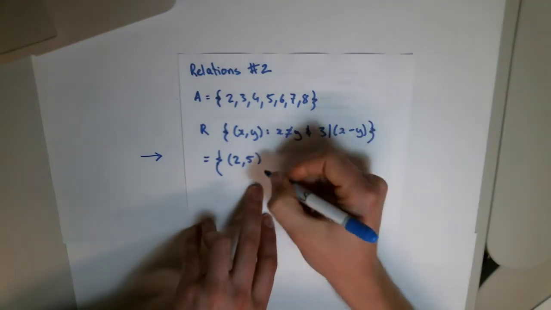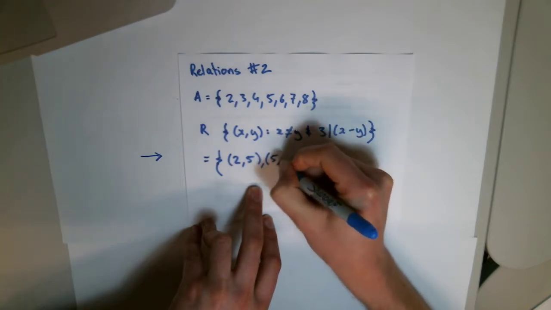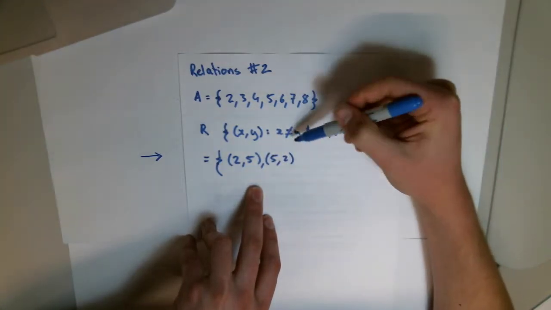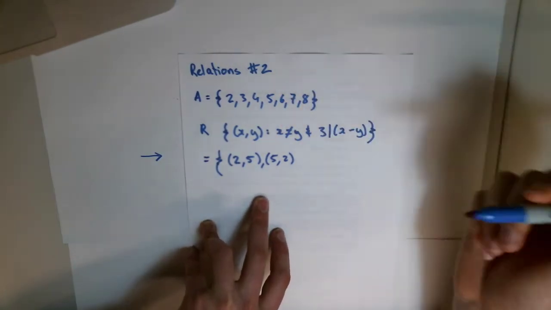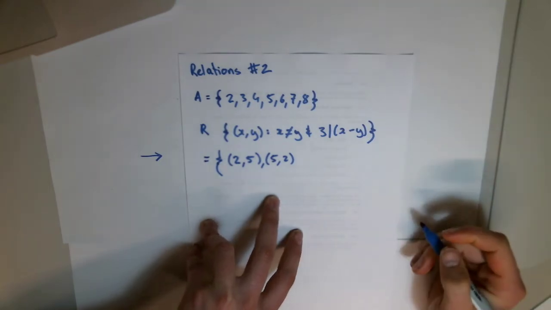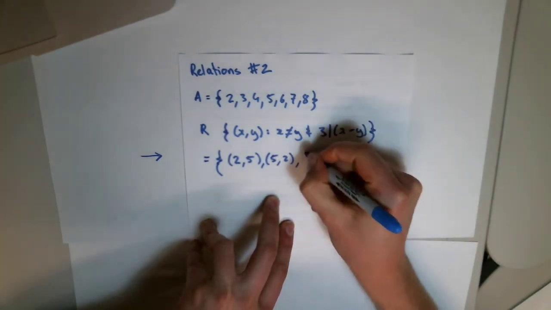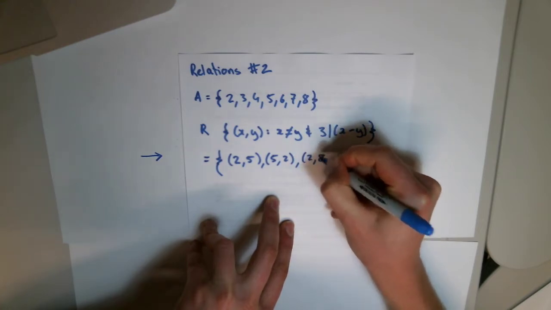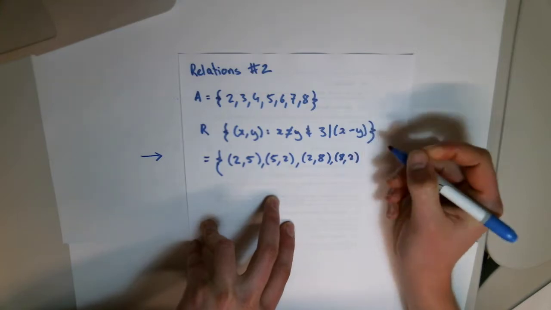Okay. Now, the reverse of that is also true. So if we've got 5 and 2, they're not equal, and we've got 5 minus 2 is positive 3. 3 divides itself, therefore that holds true. So you can see the pattern from here. Let me go ahead and fill in the rest of the examples here. So 2 and 8, 8 and 2.